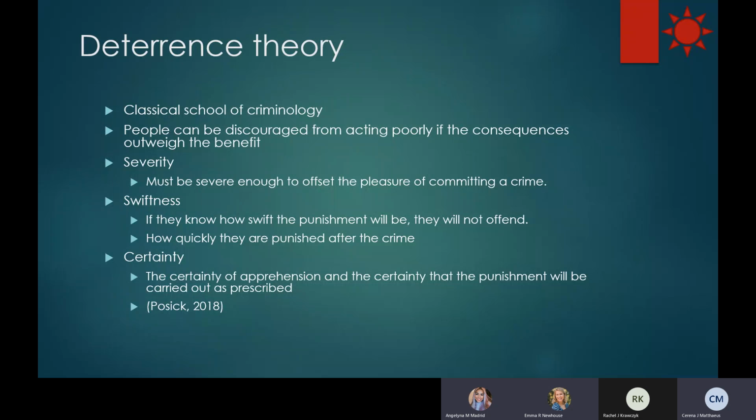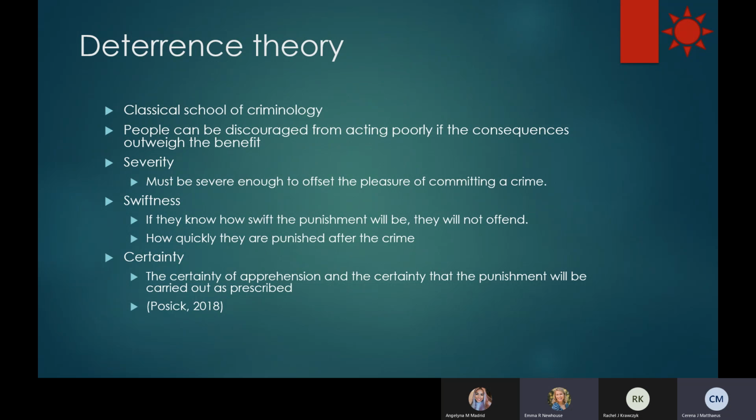So, one of the theories that we have connected to restorative justice is deterrence theory. This comes from the classical school of criminology, and this is where people can be discouraged from acting poorly if the consequences outweigh the benefit. The main ideas of deterrence theory are severity.